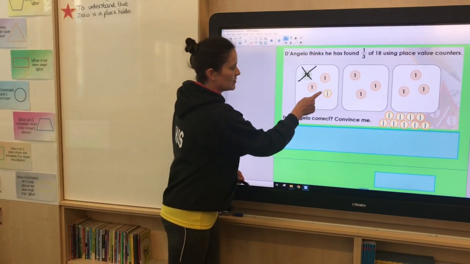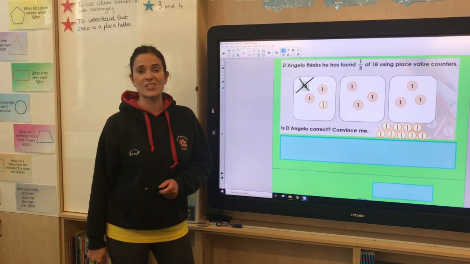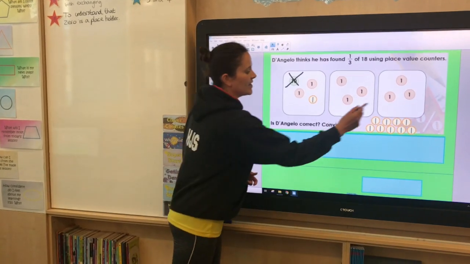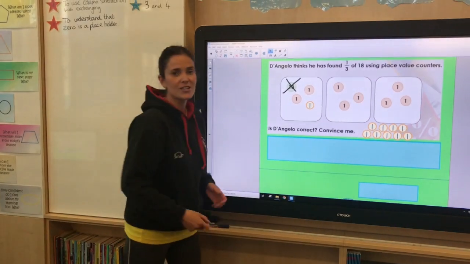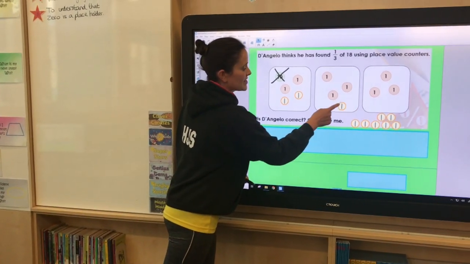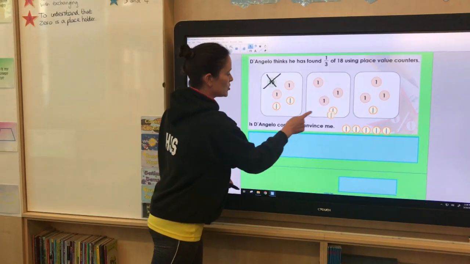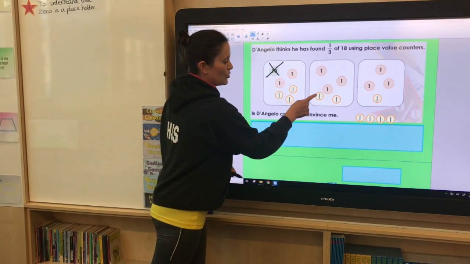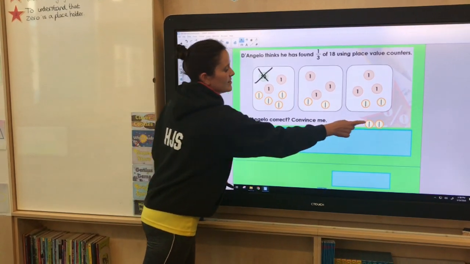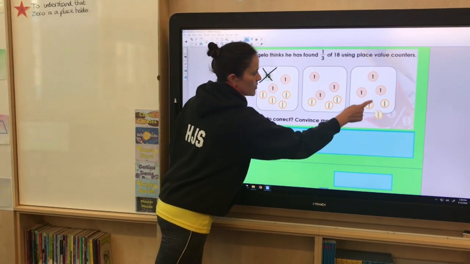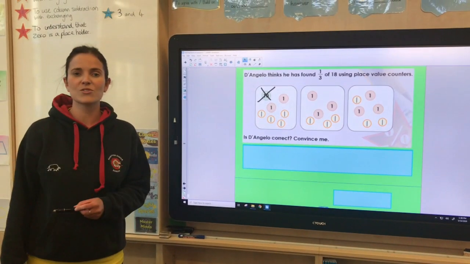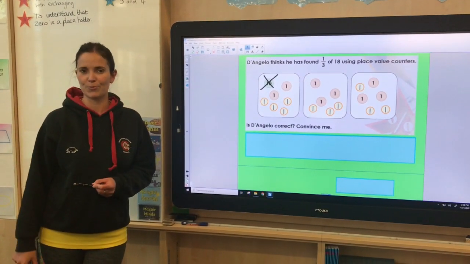First of all, I can make this first group equal to the other 2. And then what I can do is I can share out each of the remaining counters, one at a time, into the groups. And hopefully, when we get to the end and they are all shared out, we will see that there are 6 counters in each group.